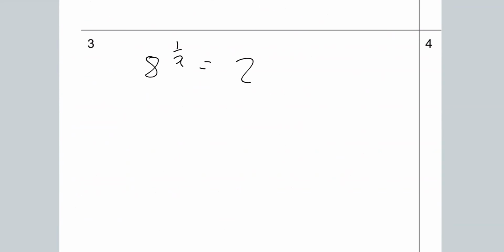Back to here then. 8 to the power of 1 on x equals 2. What I could have done is, this is like overkill, right? You'd never do this really. But to show you what I mean, I could have said 8 is 2 cubed. Sorry about the red. And 2 is just 2 to the power of 1. So I've got 2 to the power of 3 on x is equal to 2 to the power of 1.